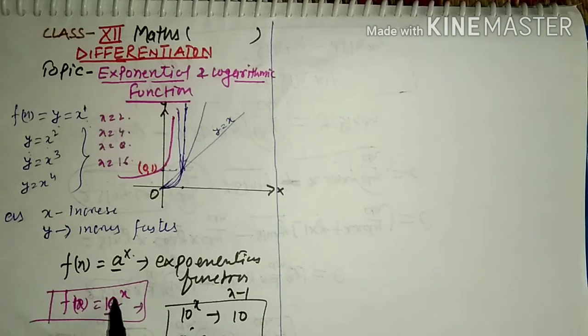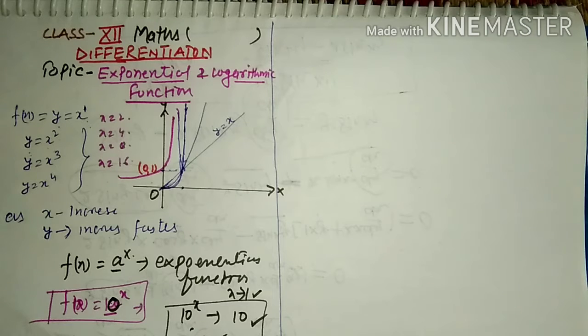Clear? मीन्स x की वैल्यू को स्मॉल इंक्रीमेंट में एक्सपोनेंशियल फंक्शन बहुत ज़्यादा इंक्रीमेंट हो जाता है. सो दिस फंक्शन इज कॉल्ड एक्सपोनेंशियल फंक्शन.